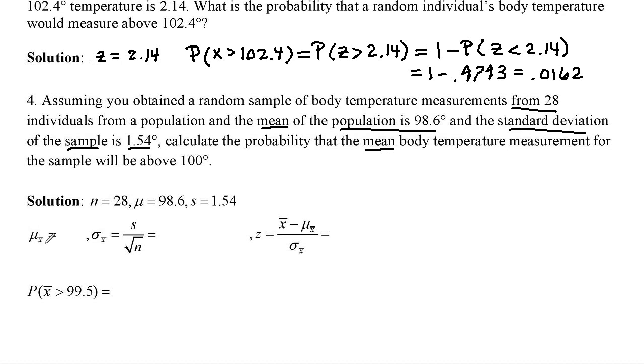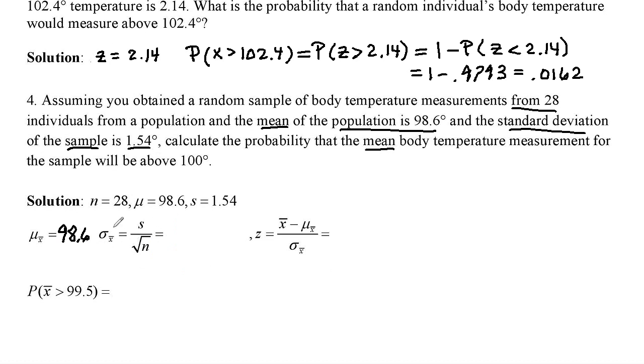So we use that by putting a little x bar down here. So it's the mean of x bar values. And remember that the x bar distribution has the same mean as the original distribution, 98.6. So if you took a whole bunch of samples of size 28 and you figured the mean temperature of those samples, you should still get 98.6, because that's the mean for the population.